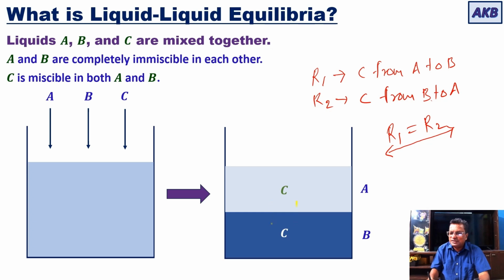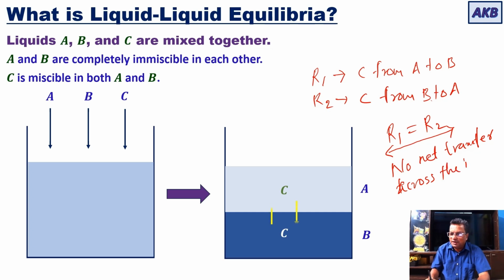So if the two rates are the same, then there is no net transfer of C across the interface between the two liquid phases.